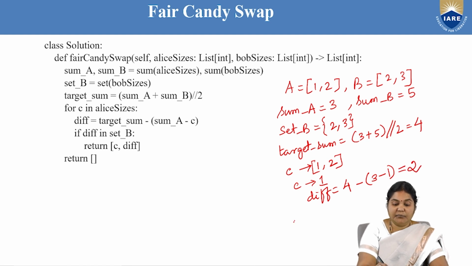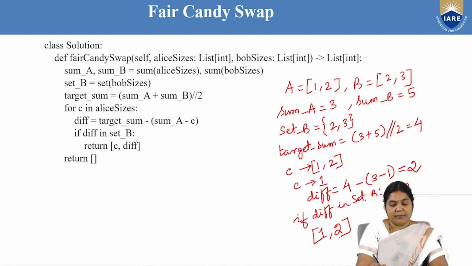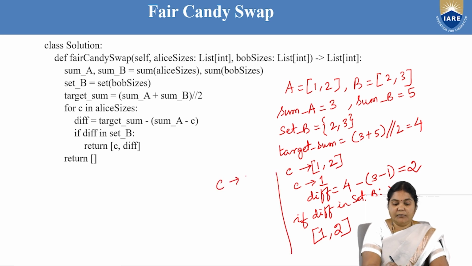Okay. Now if that difference is in set B, yes, it is there in set B. If it is there, how do we return? Return candy, which is 1, comma the difference 2 as a pair, which is nothing but the boxes they have exchanged. Second time, take candy value as 2. Find the difference again.